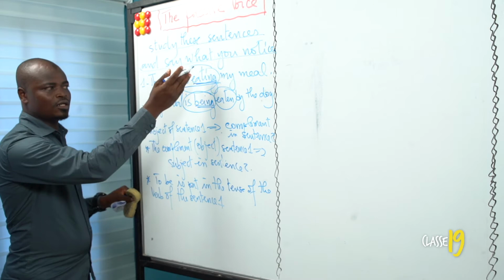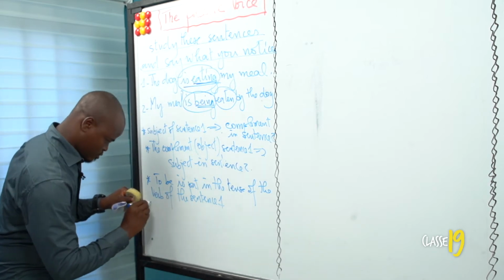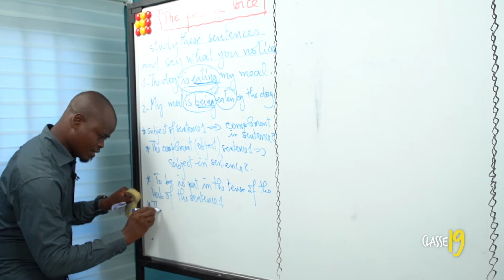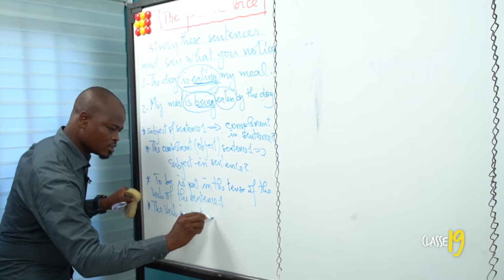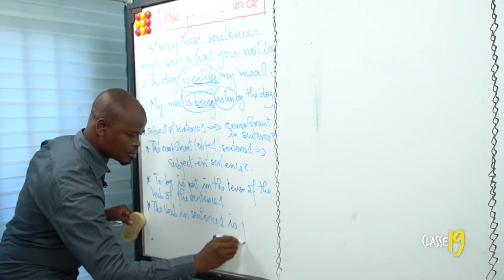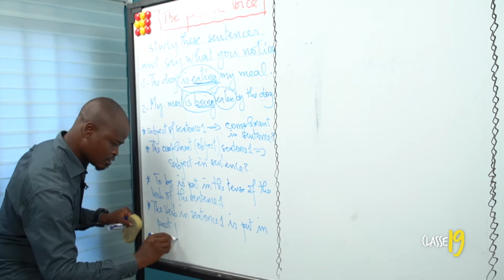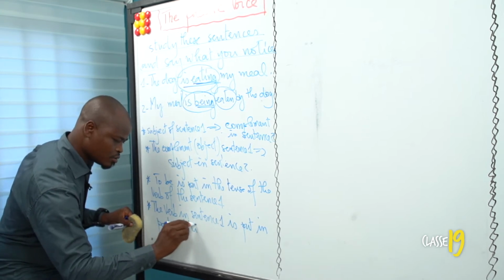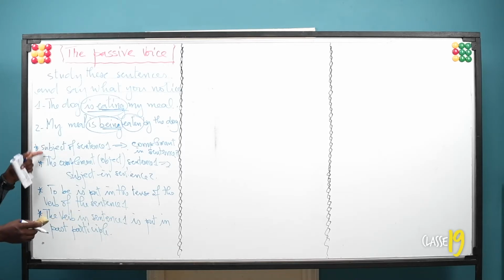So the verb to eat is now in past participle. The verb in sentence 1 is put in past participle. Okay, so that is what we remark, what we notice.